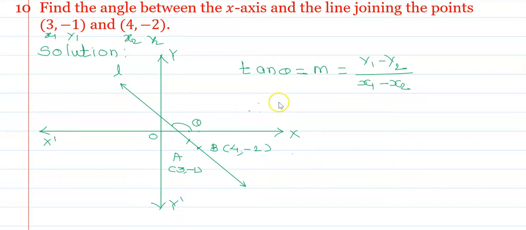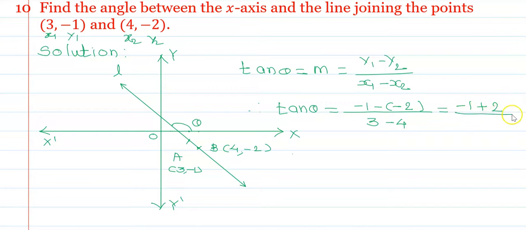Therefore, we want to find out the inclination made by that line with the positive direction of the x-axis. I will write here y1 is minus 1, y2 is minus in bracket minus 2, divided by x1 minus x2, x1 is 3 minus 4. This minus and minus will become plus. Okay. And this is divided by minus 1.